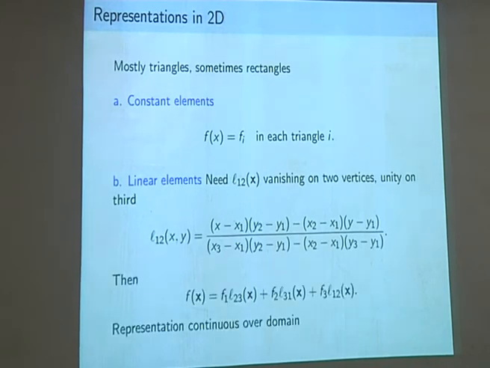So then, the general representation, or a linear representation of the function over the triangle, can be written as a combination of these three basis functions. Well, they're not basis functions yet. What is the basis function in one triangle? We've got to think about the other triangles nearby. And multiply by 3 amplitudes, which happen to be the values of the function at the vertices. That's the linear function.